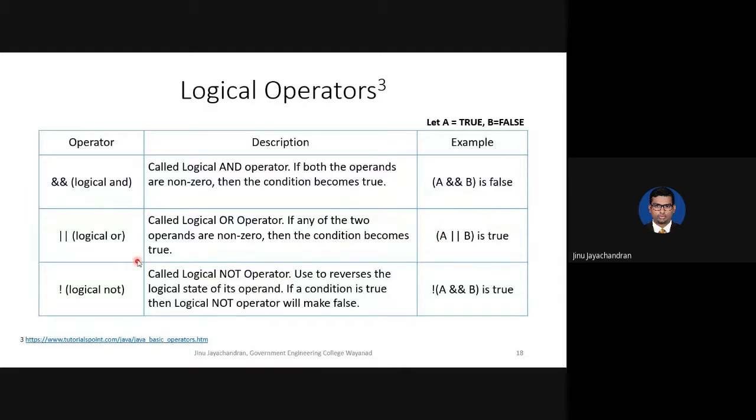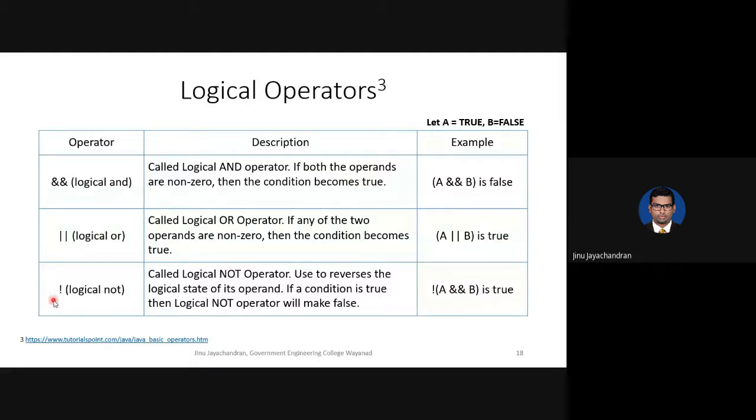Otherwise, it is false. Similarly, the logical operator a double pipe b asks if the value of a is true or the value of b is true, then the output is true.